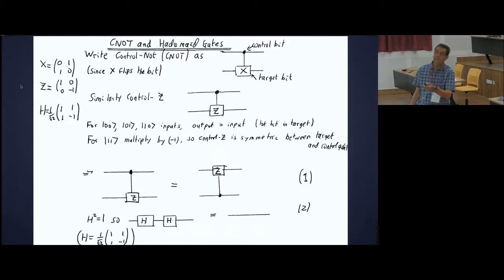I could write the control Z the other way around like this, and it has exactly the same effect as writing it like this. Because in both cases, all that happens, unless both inputs on the left are 1, nothing changes. And if both inputs on the left are 1, then the sign of the wave function changes at the end. Okay.